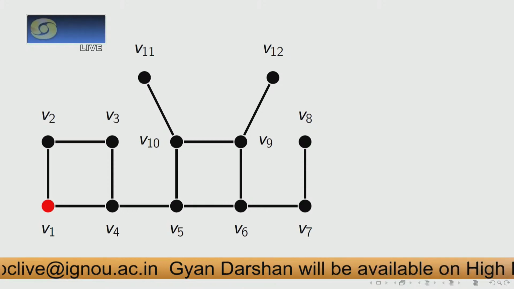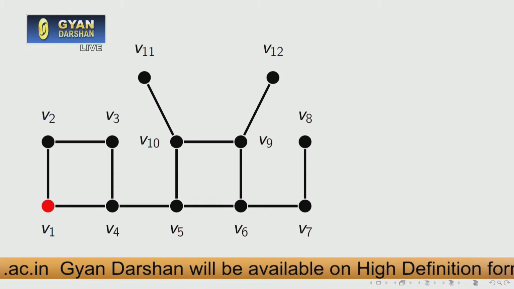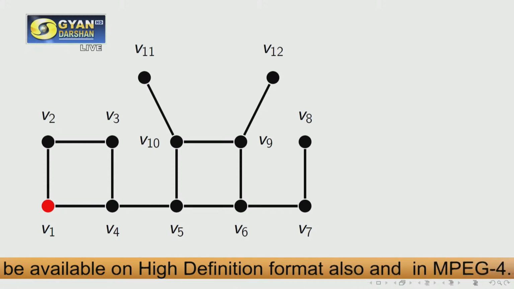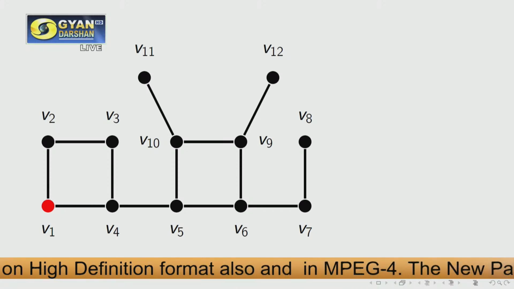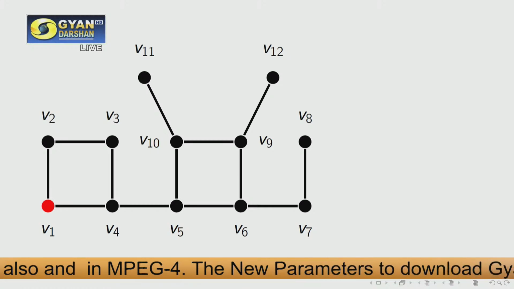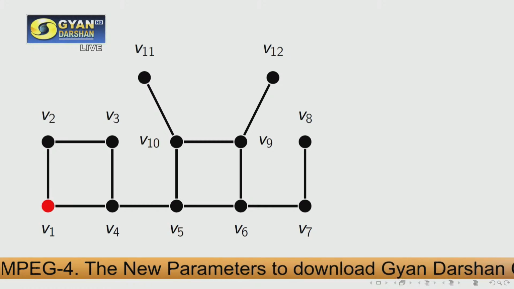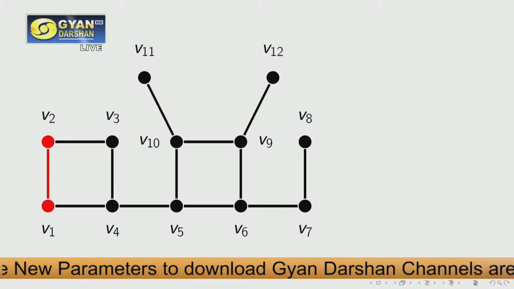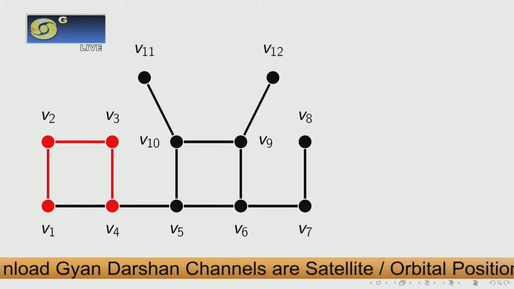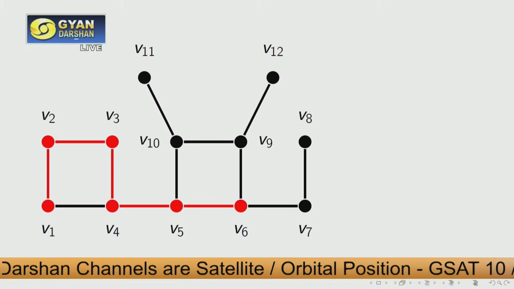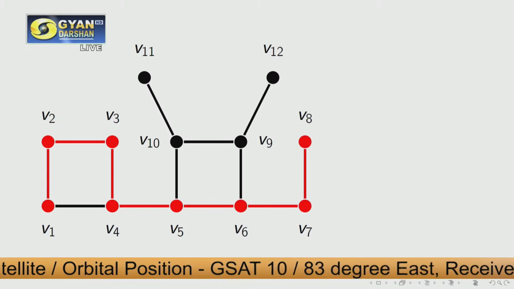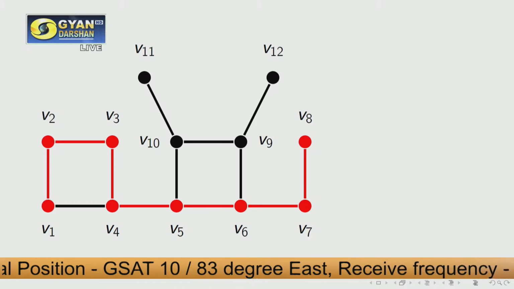But in this graph, let's maintain that we are visiting vertices in the ascending order of the indices of the vertices. So we move from V1 to V2, and then V2 to V3, and then V4, V5, V6, V7, V8. Now you can see that from V8 we cannot move further.